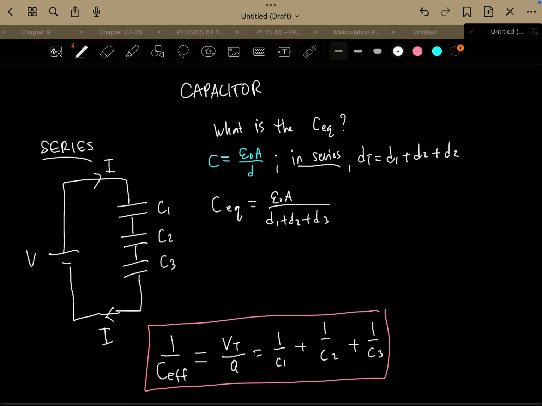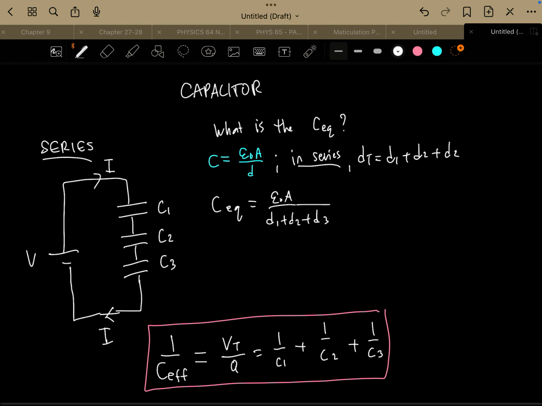Then I know that if this is true, then C1 is equal to whatever this is D1, C2 is whatever this is D2, C3 is whatever this is D3, right?